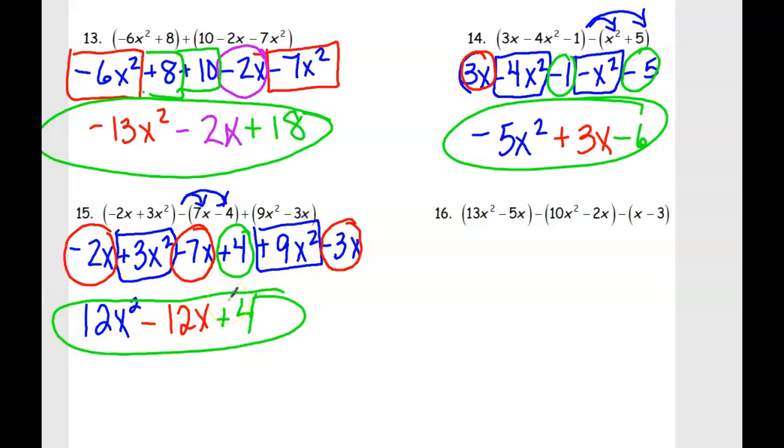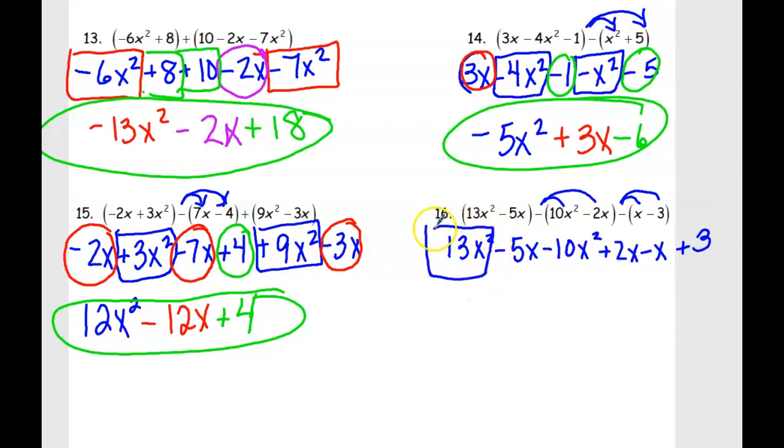Okay, now the last example we have, we've got 13x squared minus 5x. I'm going to distribute this negative, so it's going to be minus 10x squared. Okay, and then a negative times a negative is a positive, so plus 2x. Now I've got a negative x, and then I have plus 3. Okay, so that's my first step. Now I start at the highest exponent.